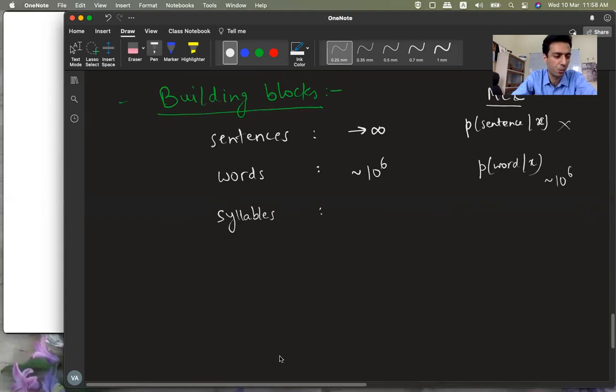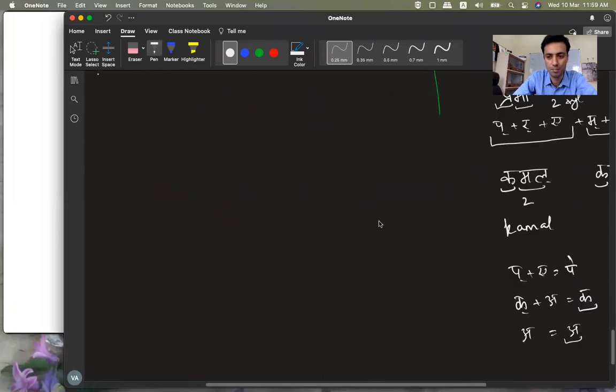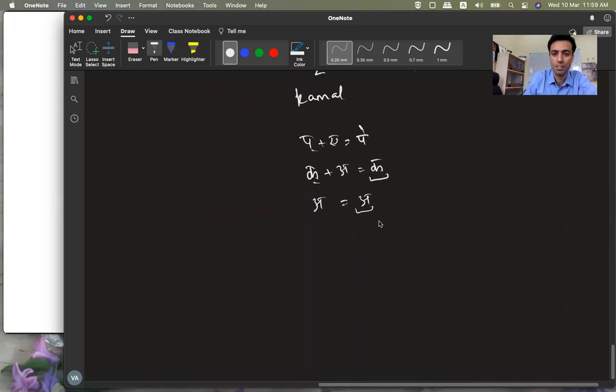Something around 42, I don't remember. If there are, let us say, 42 alphabets, then how many syllables are possible?